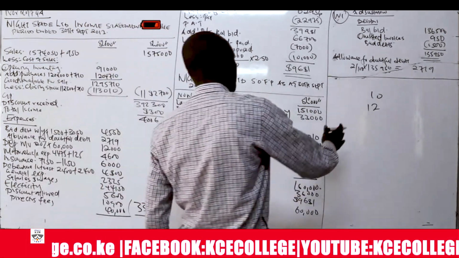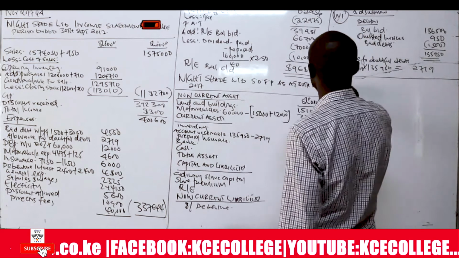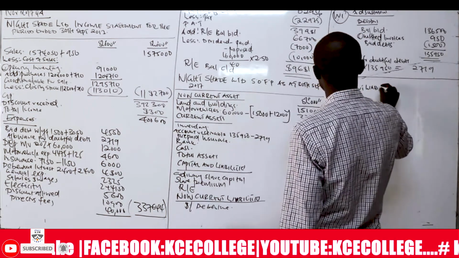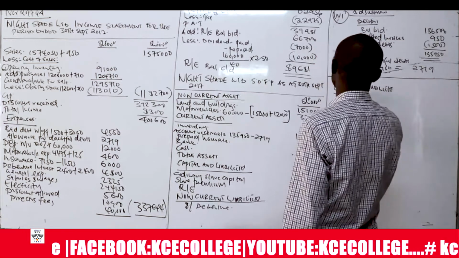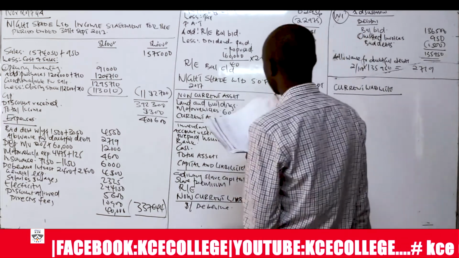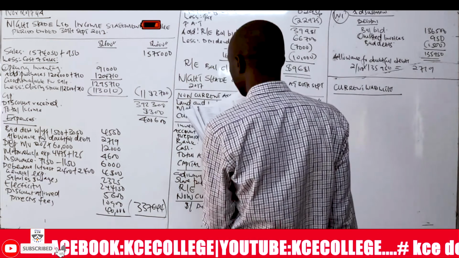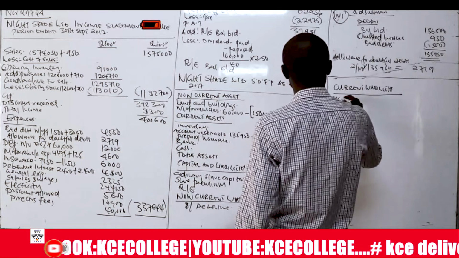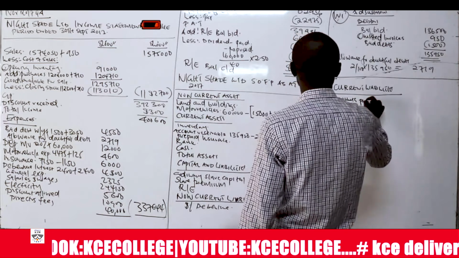Then here we have current liabilities. We finish it up here. Current liabilities, what do we have? We have accounts payable. How much is accounts payable?